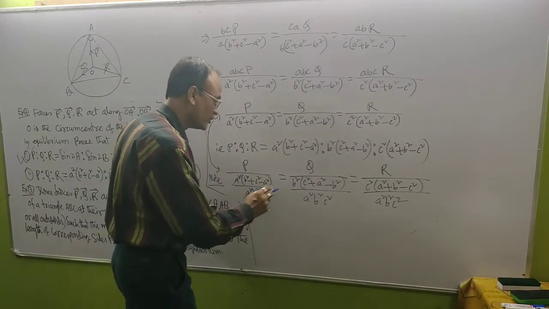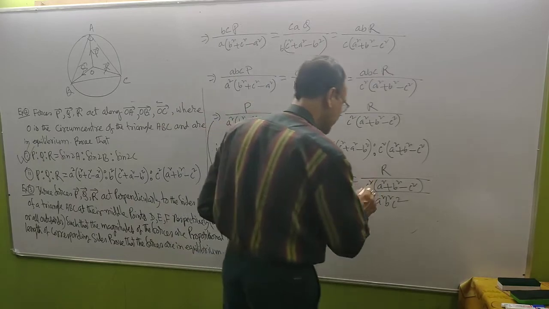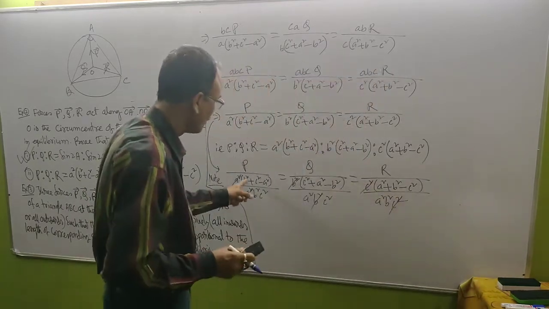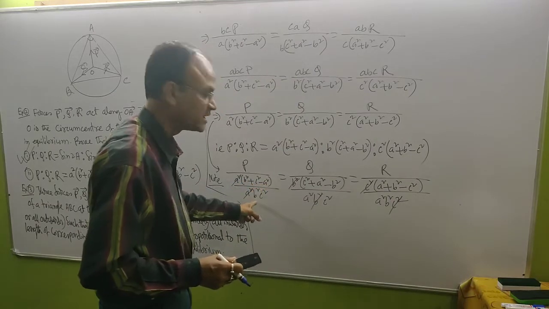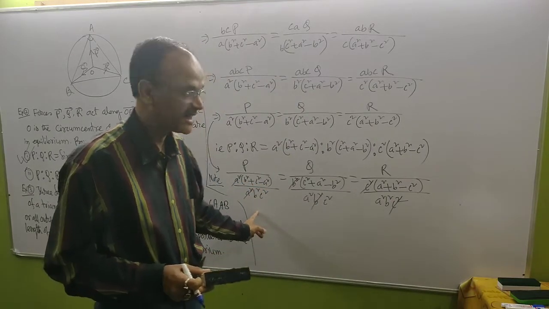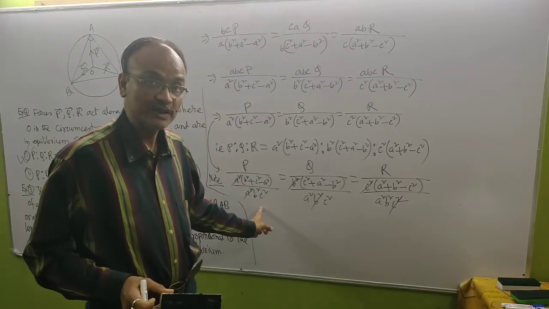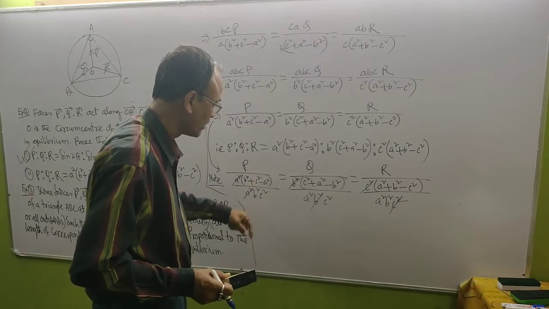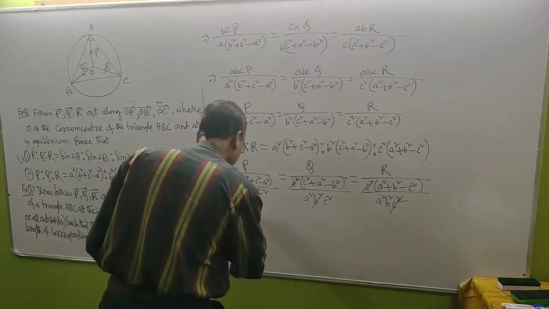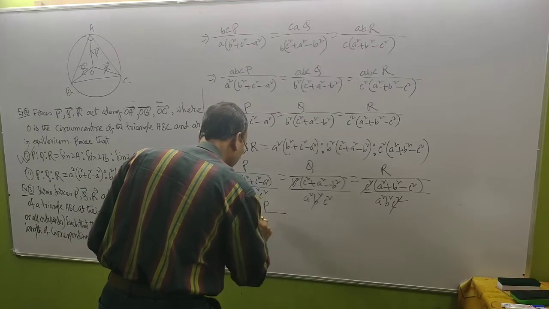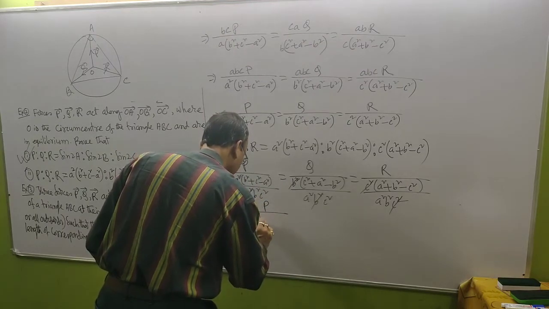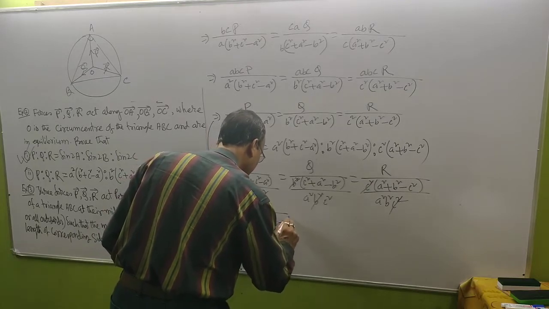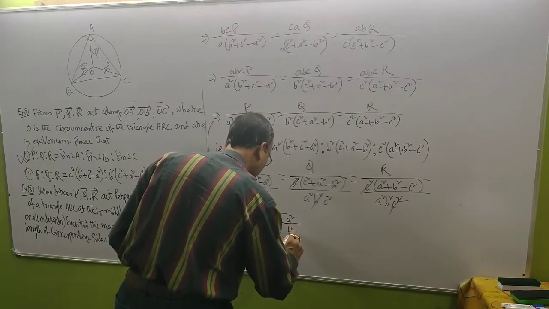Now this a square will be cancelled, this b square will be cancelled, c square will also be cancelled. Now what is this? b square plus c square minus a square divided by b square c square. It can be written as b square by b square c square means 1 by c square, plus c square by b square c square means 1 by b square. This means that you may write here p by 1 by c square plus 1 by b square minus a square by b square c square.